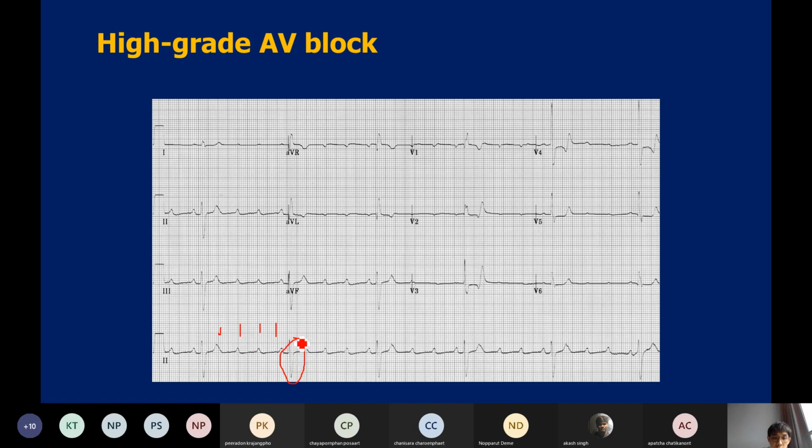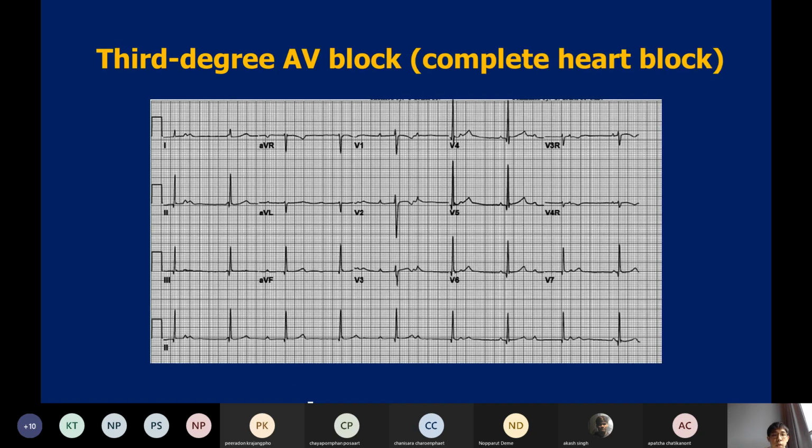There is still some conduction between the atrium and ventricle in the AV node, but the conduction rarely occurs from the impulse generation of the SA node. This is called the high-grade AV block.